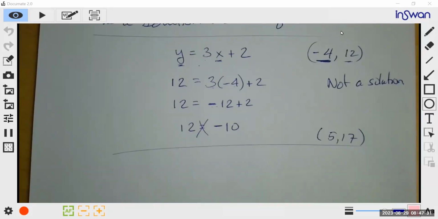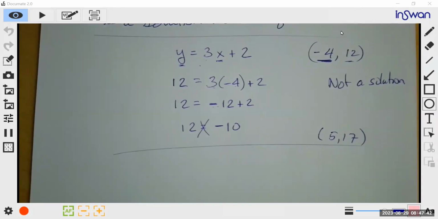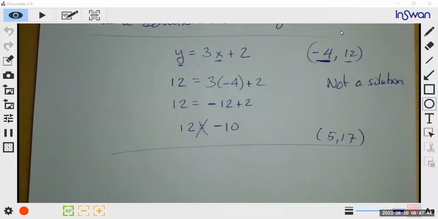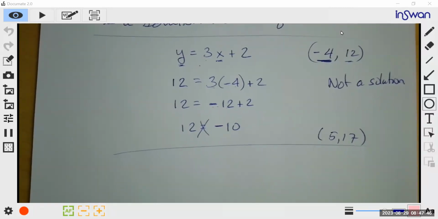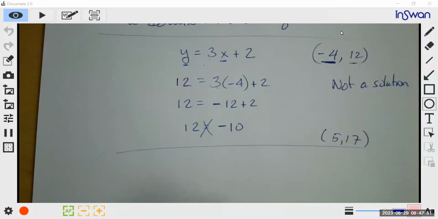Is 5, 17 a solution? You worked it out. But a lot of students think it's a 50-50 shot, so I could hurry up and finish this class, just guess. Yes, it is a solution.